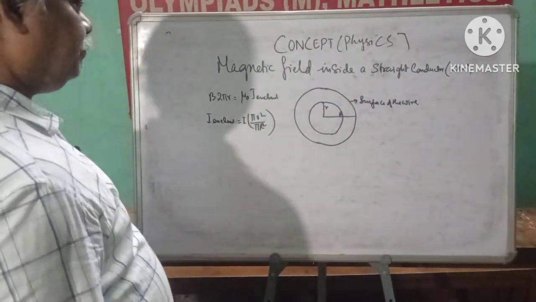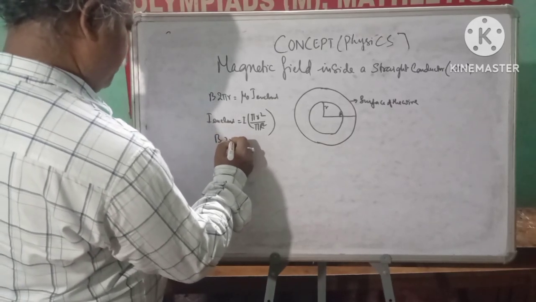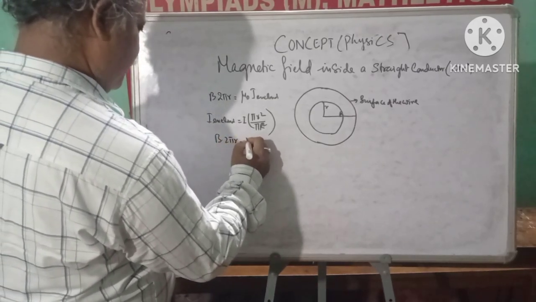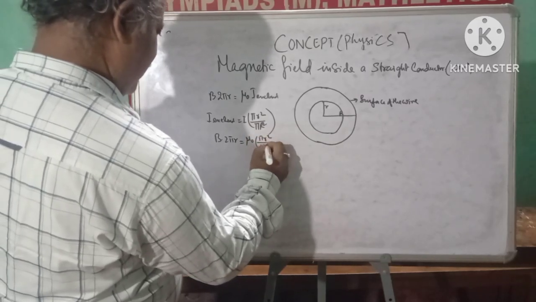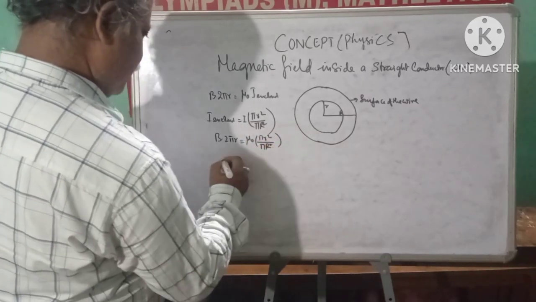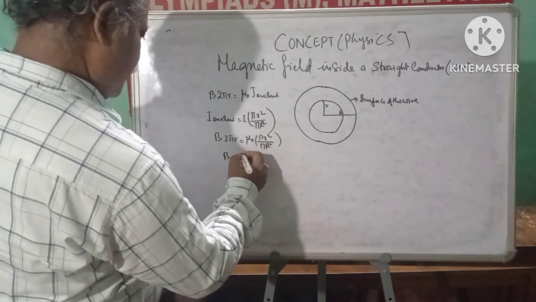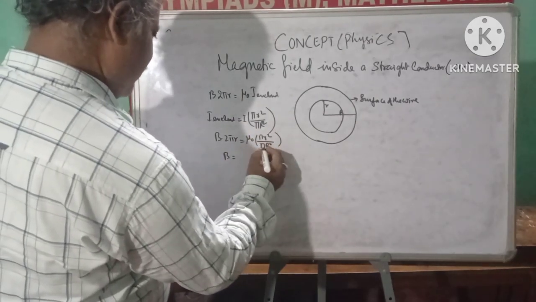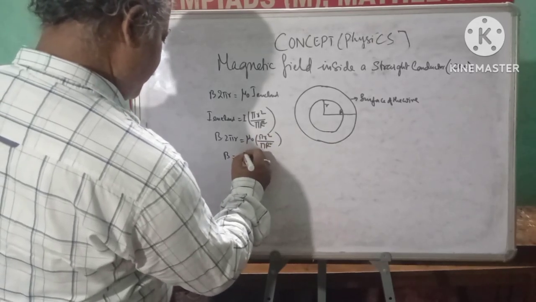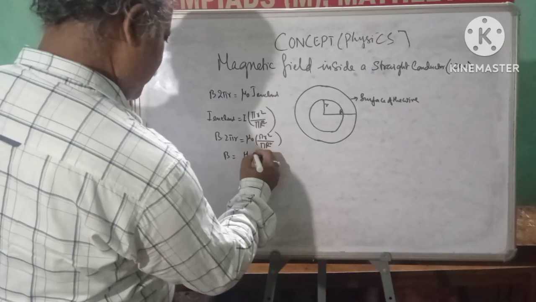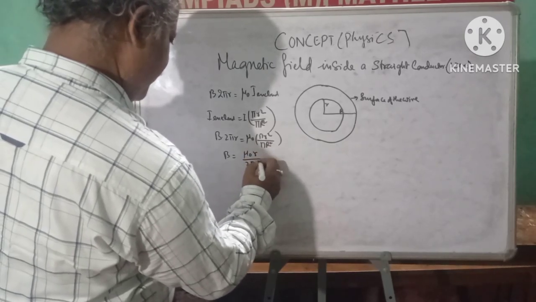So here this will be B into 2 pi r equals mu naught times I pi r squared by pi R squared. So B is equal to, pi cancels out, one r cancels out, so this will be mu naught I r by 2 pi R squared.